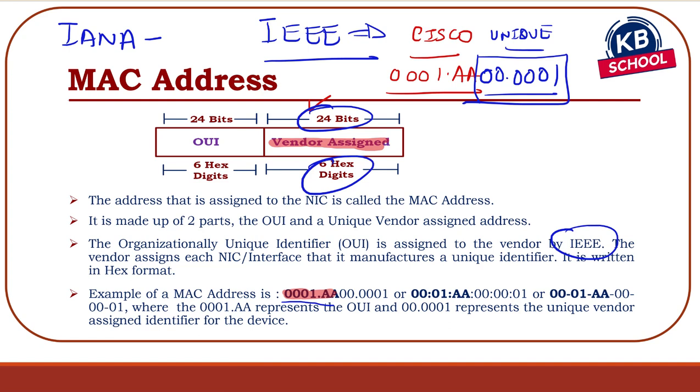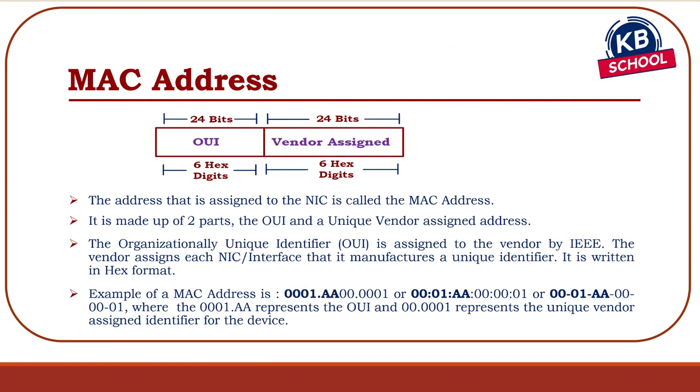So a MAC address consists of 12 hex digits, and as I said, each hex digit equates to 4 bits. So if you want to do it in bits, it's a total of 48 bits. That's the size of a MAC address, or you can say 12 hex digits. That's another way of saying it.